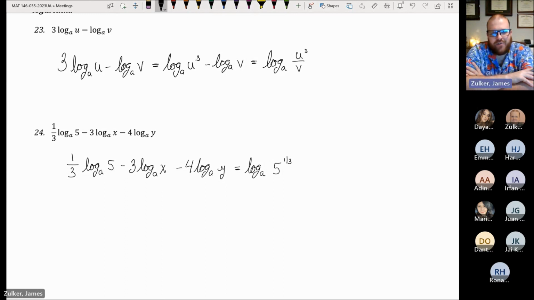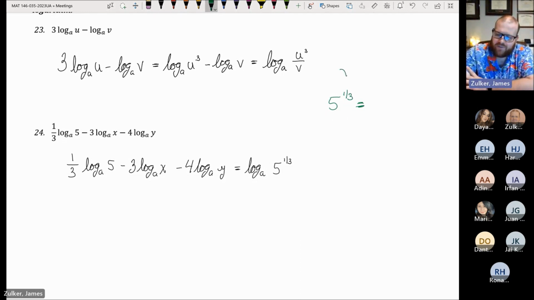Oh, I see. Now that we couldn't do. Right, so what's another way of writing 5 to the 1/3 power? Because again, conventionally, we don't ever write that.